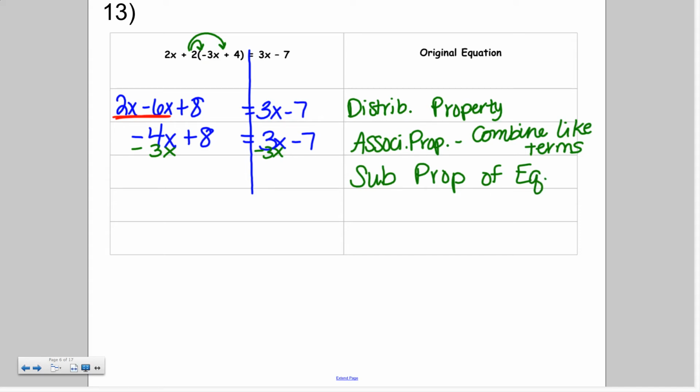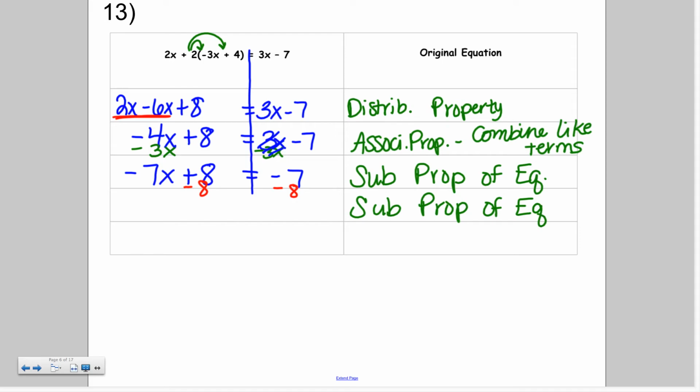When I do that, I get negative 7x plus 8 is equal to 3 minus 3 cancels and negative 7. Now I need to get rid of the 8, so I'm going to subtract 8 from both sides. So again, the subtraction property of equality. Whenever I do that, I have negative 7x is equal to negative 15.